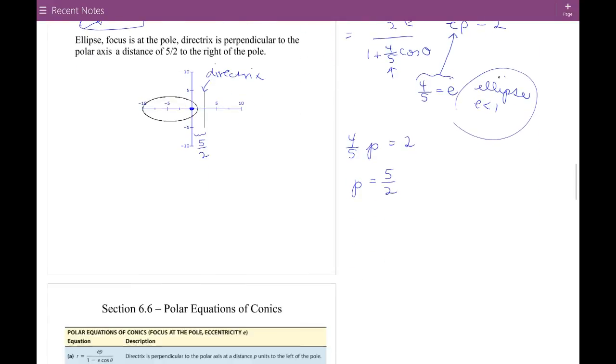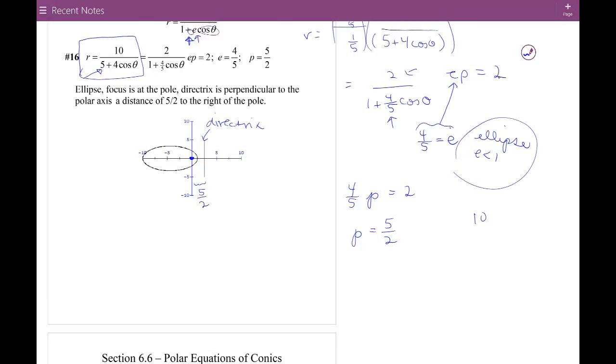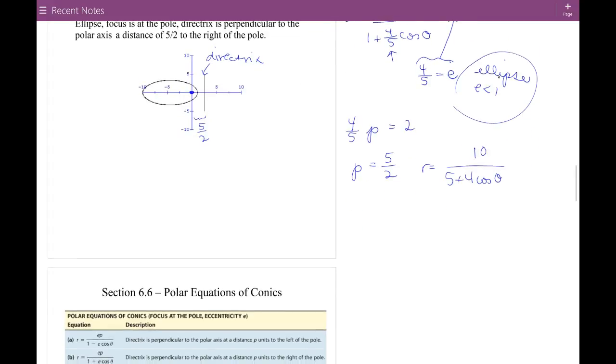And then you should plot some points again. So let's use the 10 over 5 plus 4 cosine theta and get some points. So let's do some r theta points where theta is 0. I'll have 10 over 5 plus 4, so 10/9. So when theta is 0, this point is at 10/9, comma 0, so a little past 1.